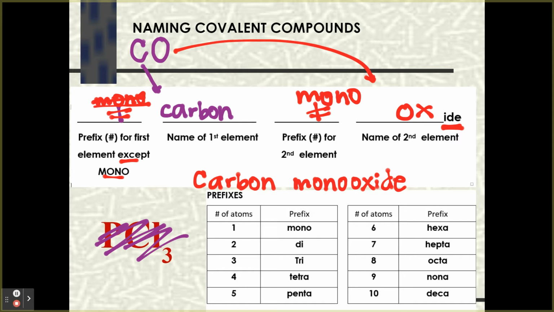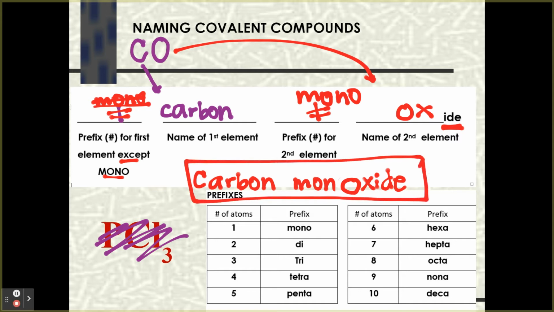And again, this is just a funny rule that they have. So instead of writing down carbon monooxide, we cancel out one of the O's and we just write it as carbon monoxide. And that's the name of this thing, carbon monoxide. You see it?